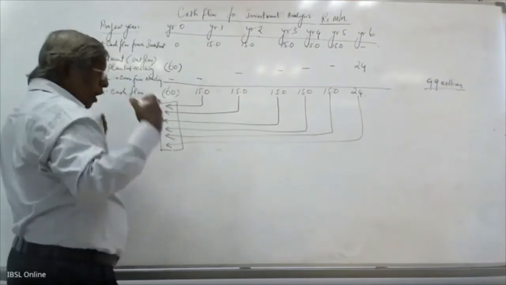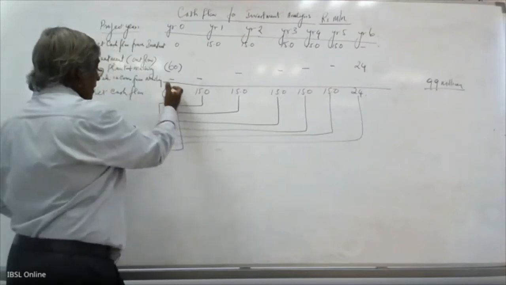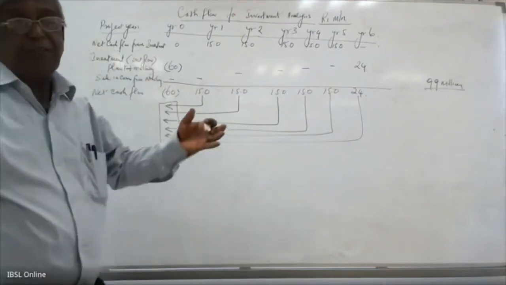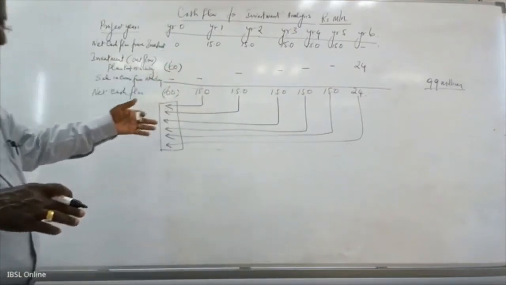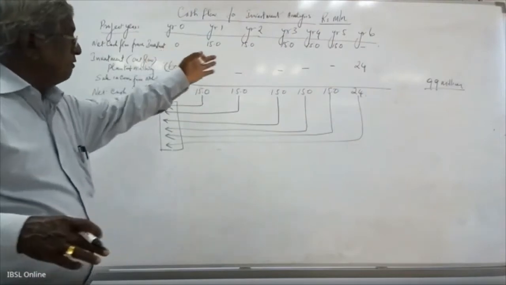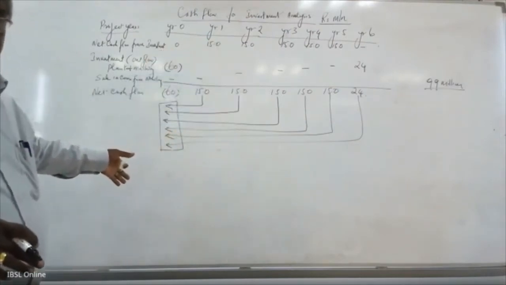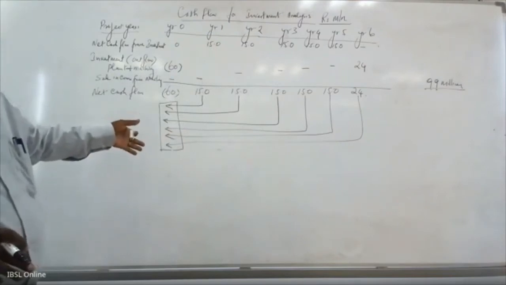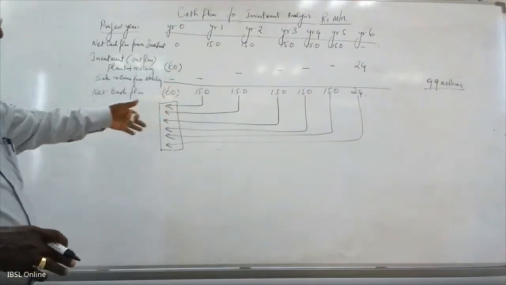If it is not more, or if it is less, then it is not worthy. That's what we are going to do. So we are going to do discounting: we are going to discount all these future values to the present values.